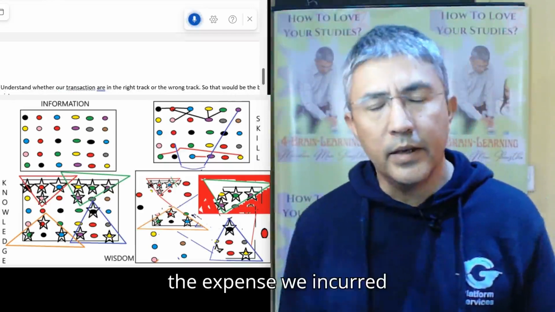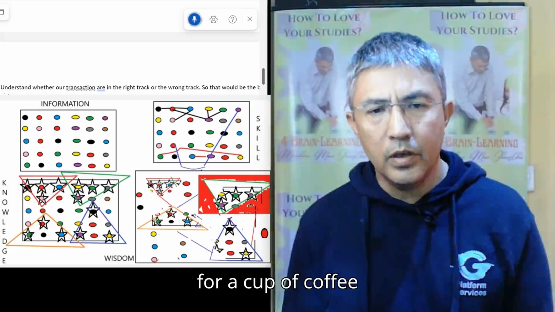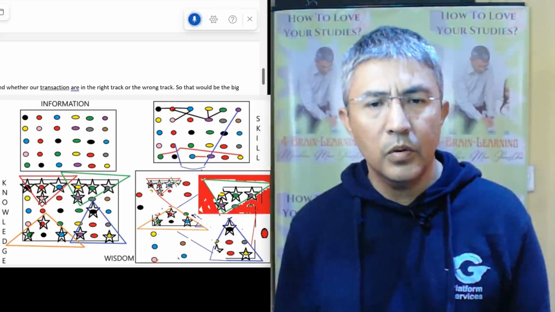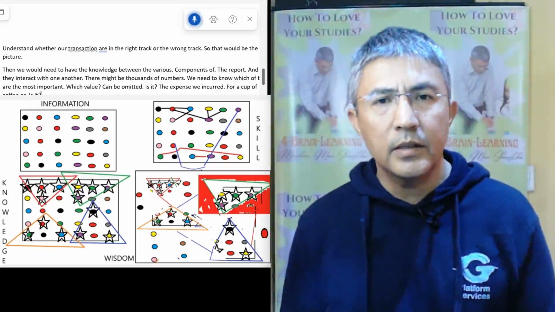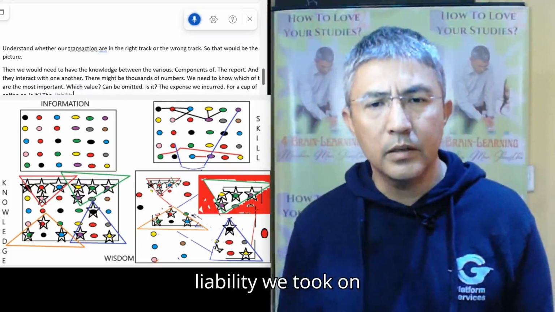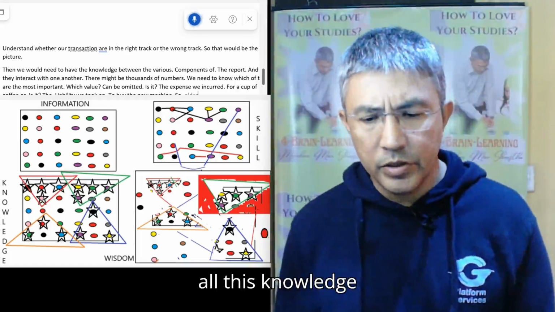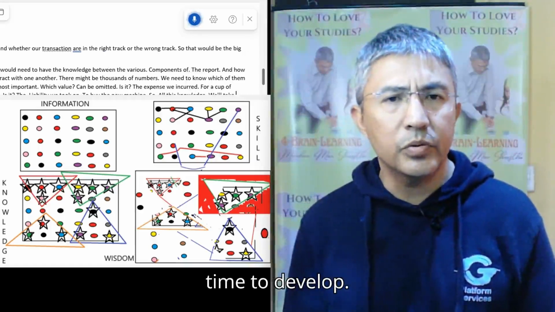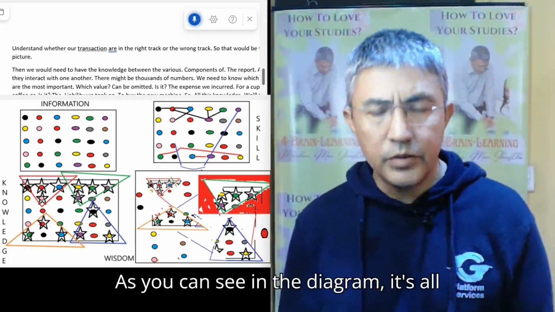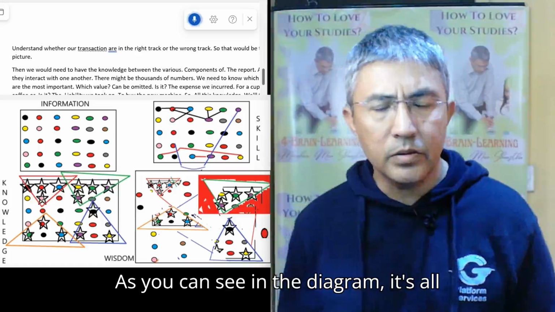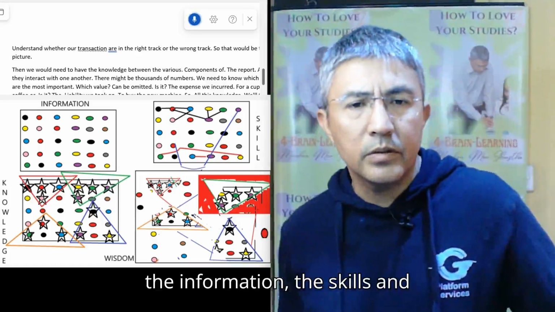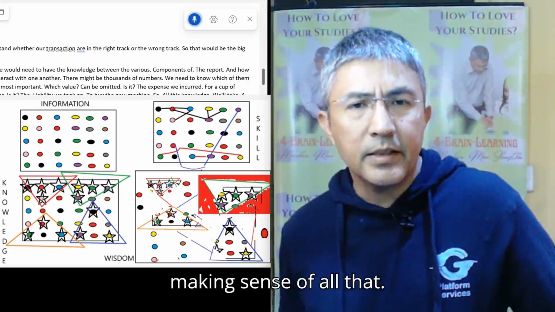Is it the expense we incurred for a cup of coffee? Or is it the liability we took on to buy the new machine? So, all this knowledge will take a lot of time to develop. As you can see in the diagram, it's all about the information, the skills, and making sense of all that.